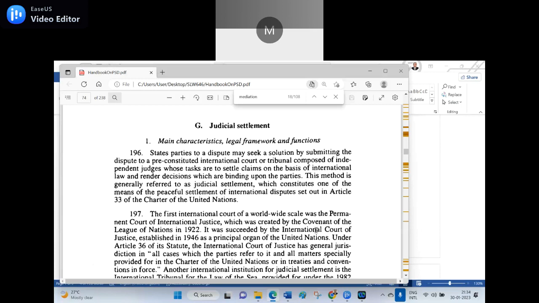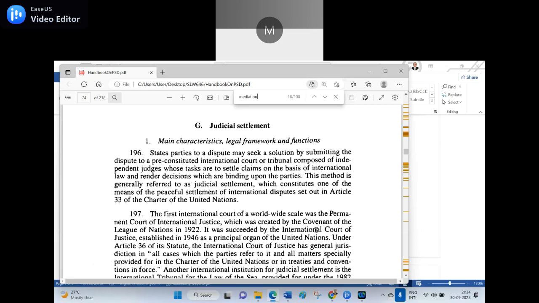State parties to a dispute. Which dispute? International dispute, where the parties are parties to a particular instrument or charter or protocol. For any such dispute, the state parties may seek a solution. What solution?